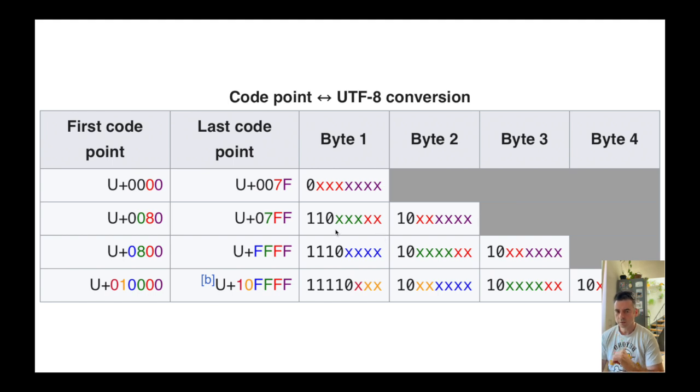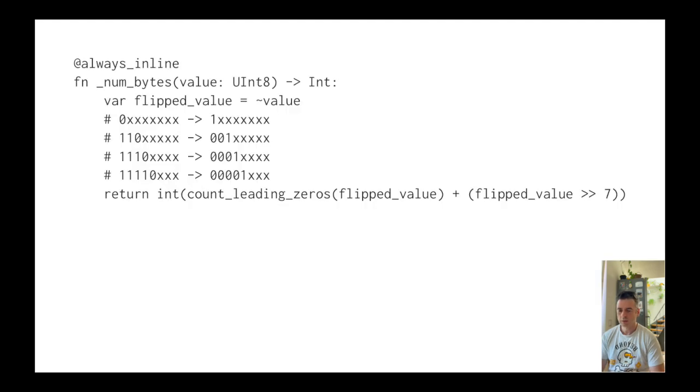Also, an interesting part of the format is that in the first byte, we actually know how many bytes this code point will occupy. And here is a small Mojo function which can compute this number of bytes given the first byte of a UTF-8 encoded code point.